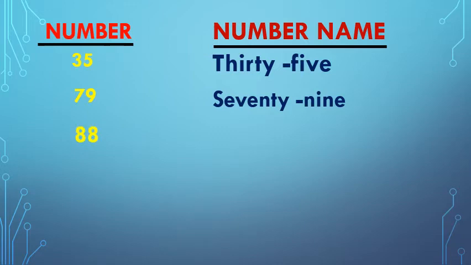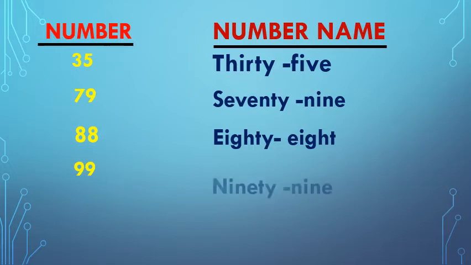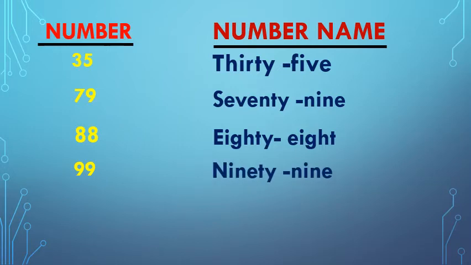Then third, 80 plus 8, that is 88. Then next one is 90 and 9 together make 99. Next one, 50 and 5 makes 55. See, like this you have to write. Okay, shall we move further?